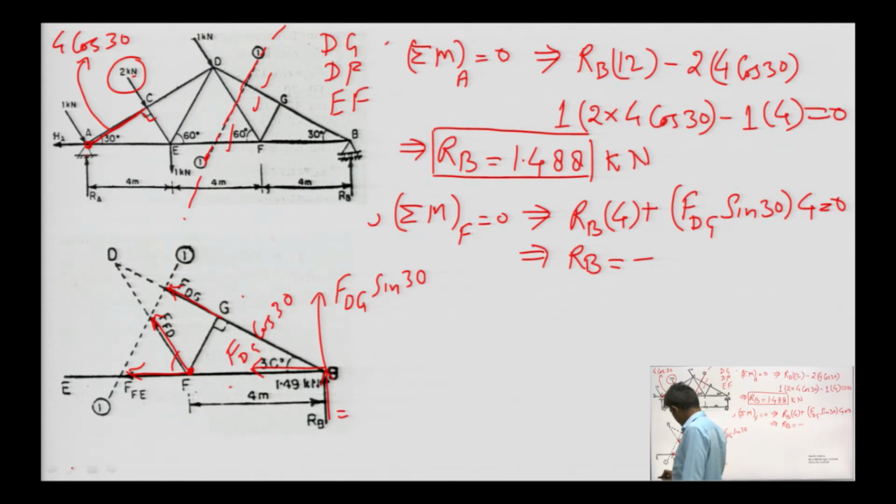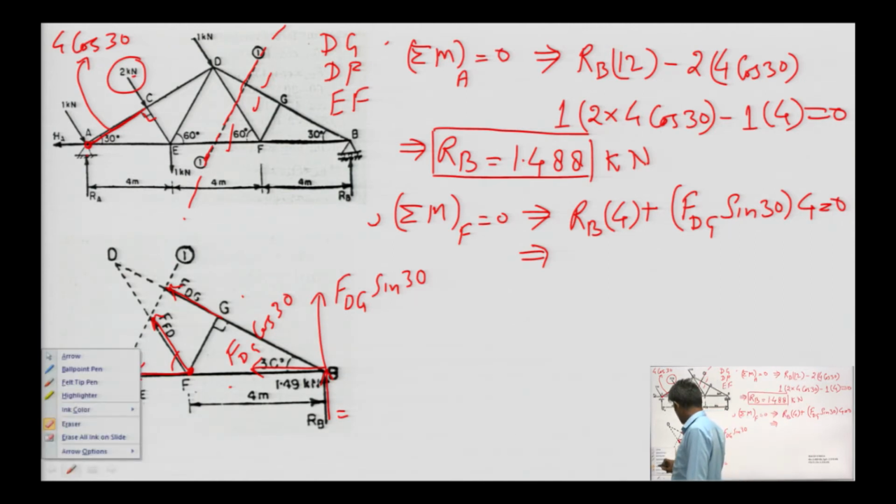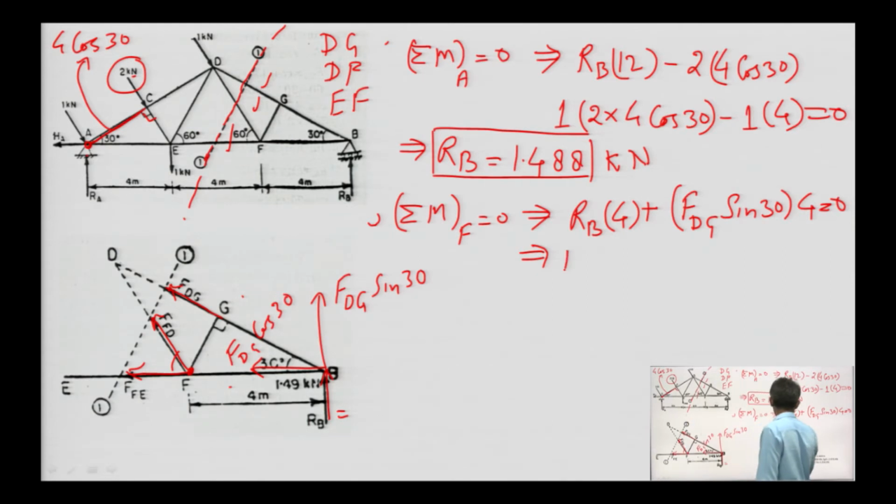So, the value of F_DG can be calculated here. F_DG will be minus R_B divided by sin 30.